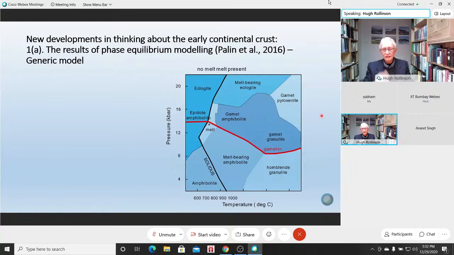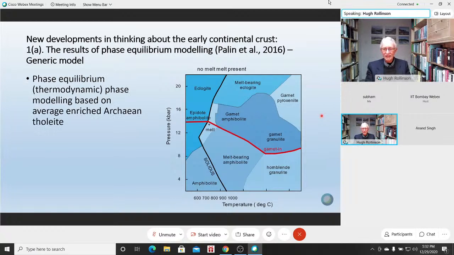Now we have a technique which allows us to bring together all the thermodynamic evidence that we have from these melting experiments and build a certain thermodynamic model. And this is what Richard Palin and colleagues did in 2016.